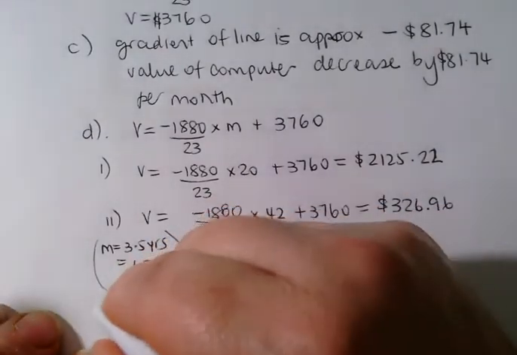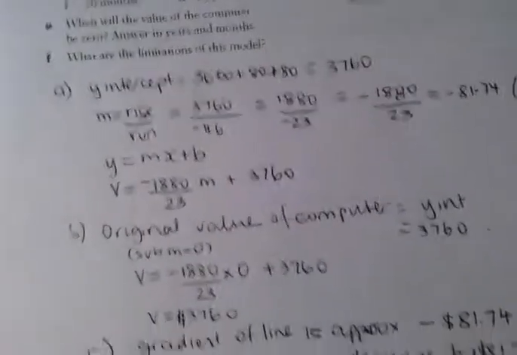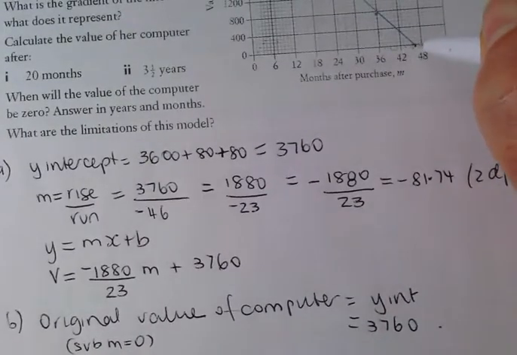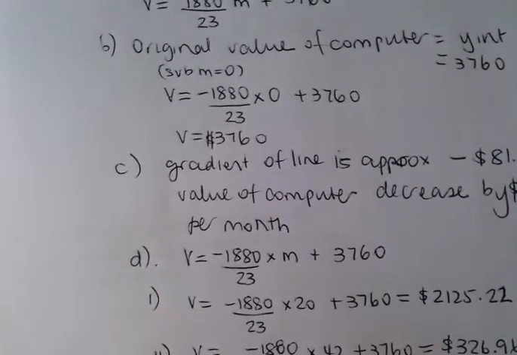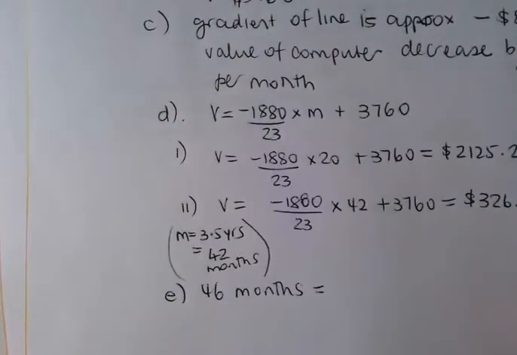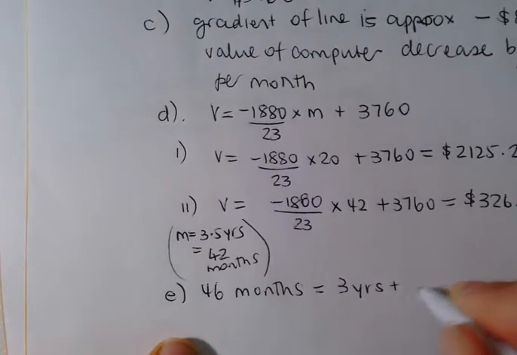Part E says, when will the value of the computer be 0? Answer in years and months. It looks like it's 46 months, as we saw at the beginning of the question. In years, we know that 36 months is 3 years, because 3 times 12 is 36, so that'll be 3 years plus 10 months.